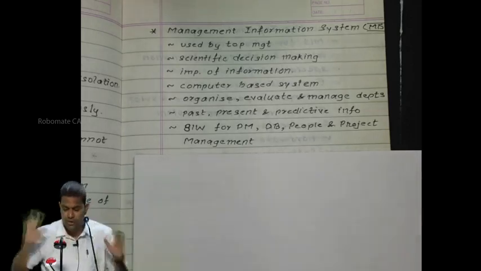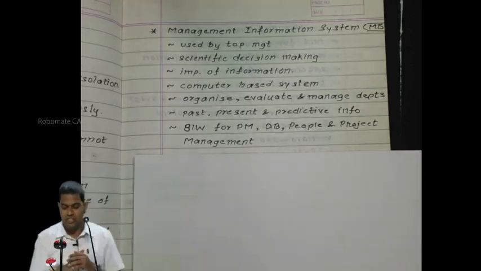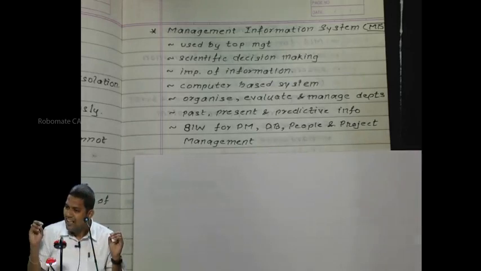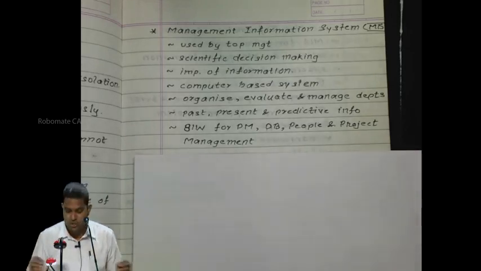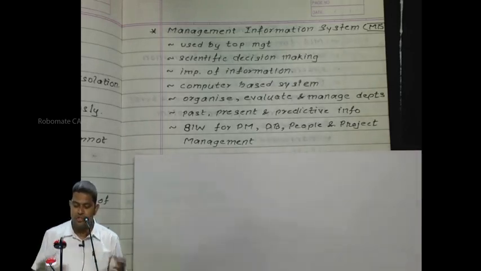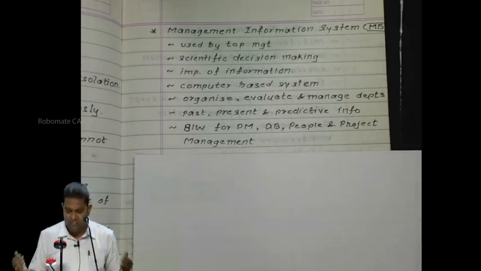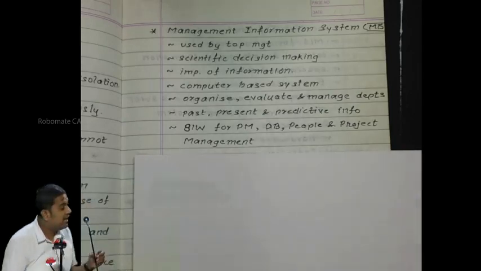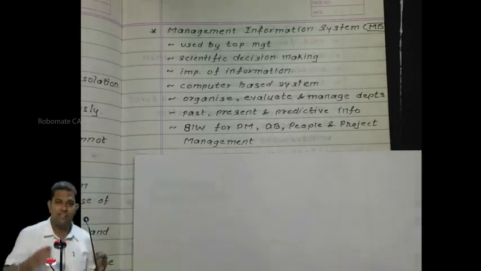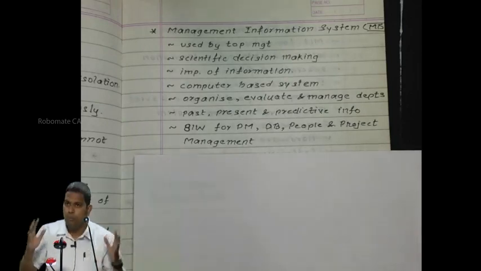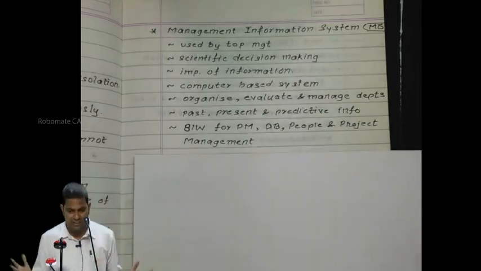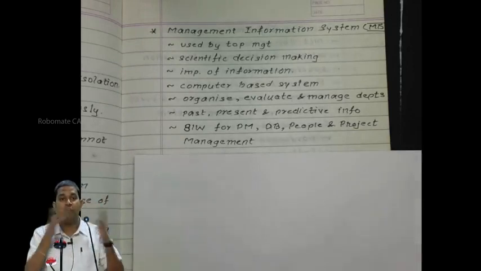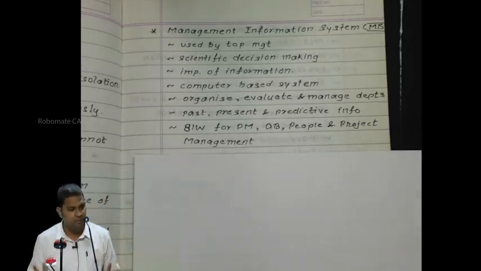So the idea of a management information system is giving them information. It is used by the top management, which helps them take decisions. Now they are taking scientific decisions. What are scientific decisions? The problems they are solving are very complex. You cannot think about each and every option at any point of time. You will be confused.